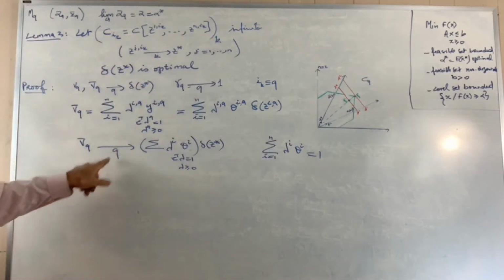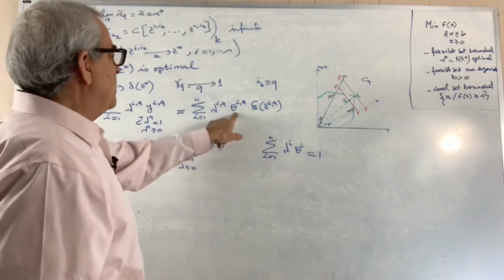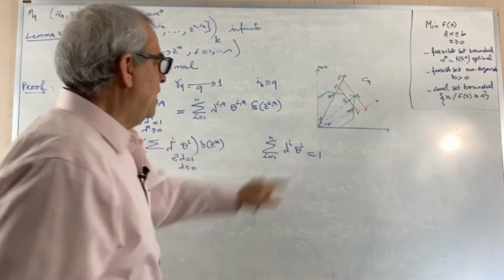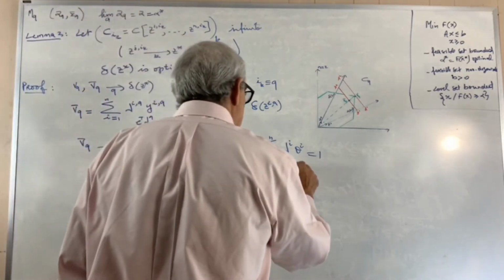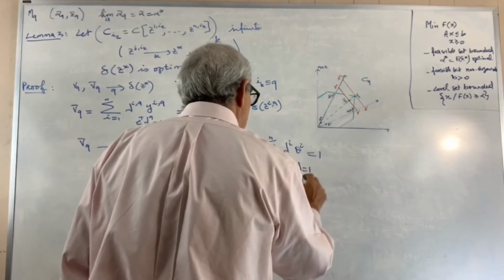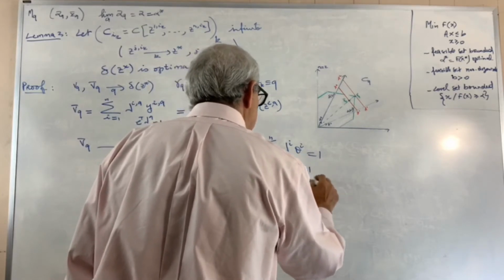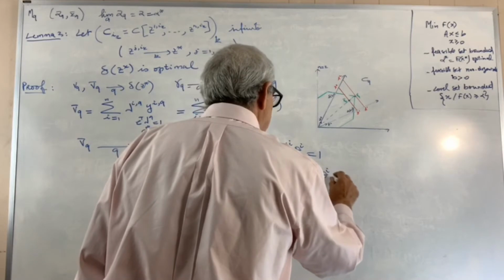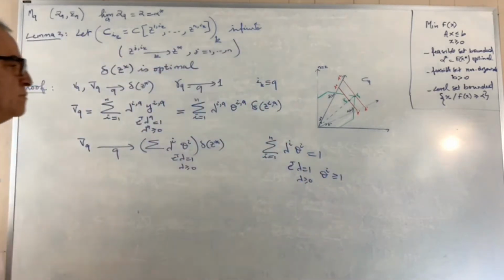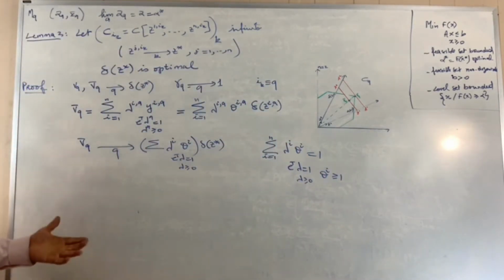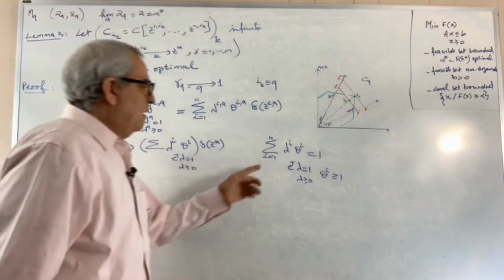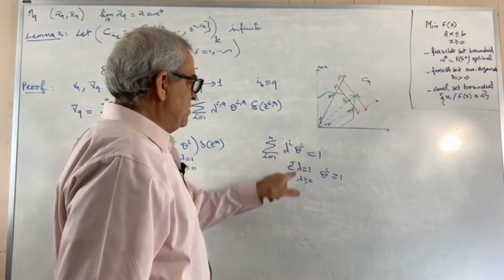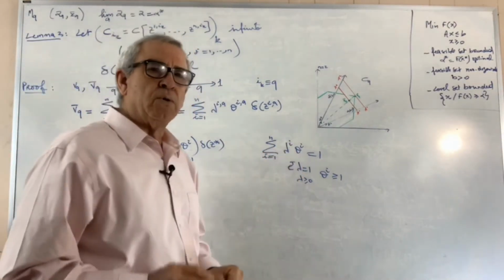Remember, the theta_iq are greater or equal to 1. So here e transpose lambda is equal to 1, lambda greater or equal to 0, and the theta_i's are all greater or equal to 1. So therefore, for all the lambda_i that are positive, we must have theta_i equal to 1.